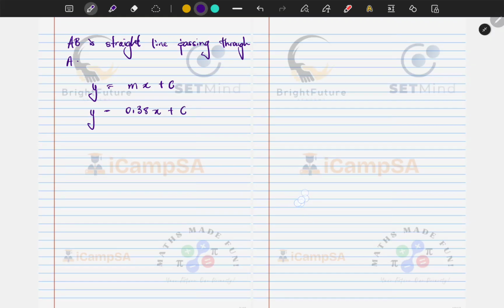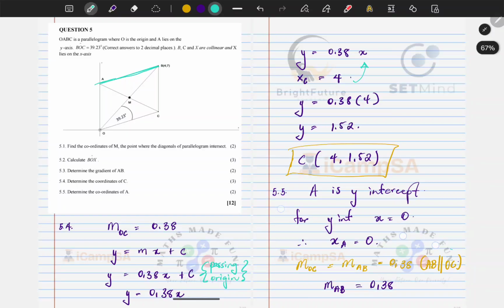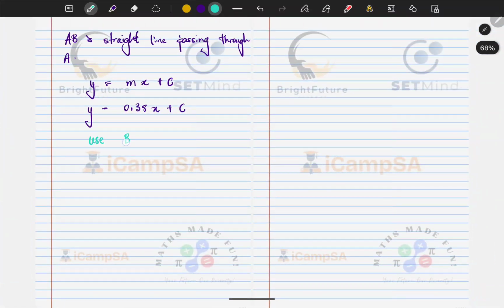Right, so in order for us to find the value of c, we are going to use B, which is (4, 7), right? So now we are going to have 7 is equal to 0.38 times 4 plus c. So we are going to have 7 minus 0.38 times 4, which is going to give us c.